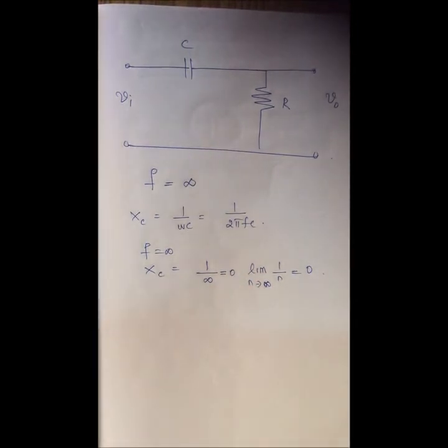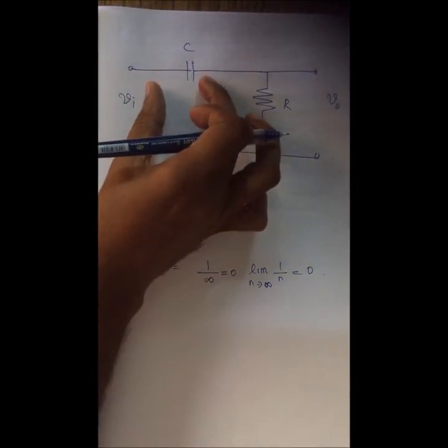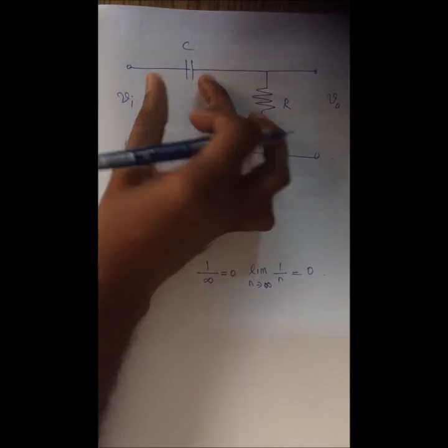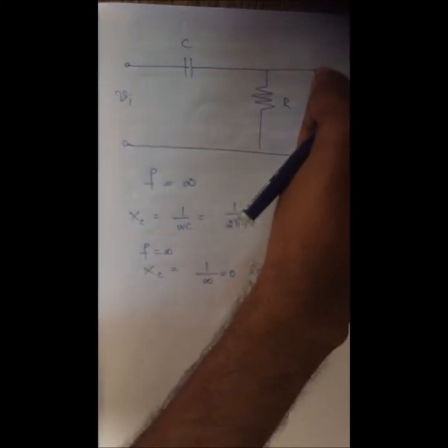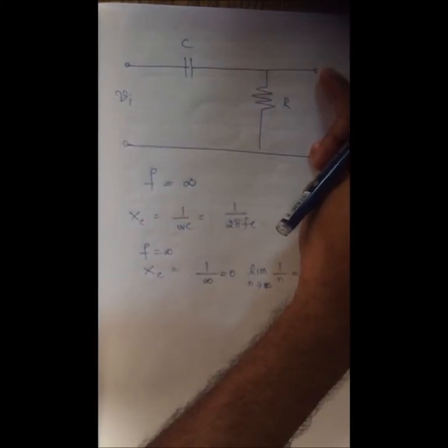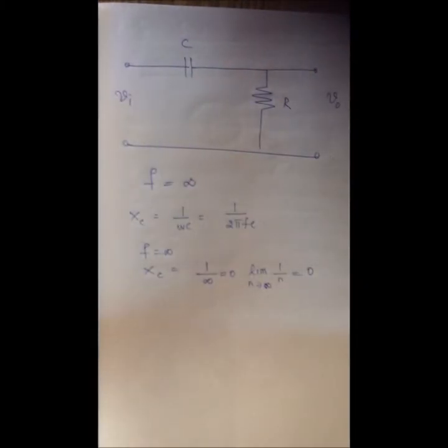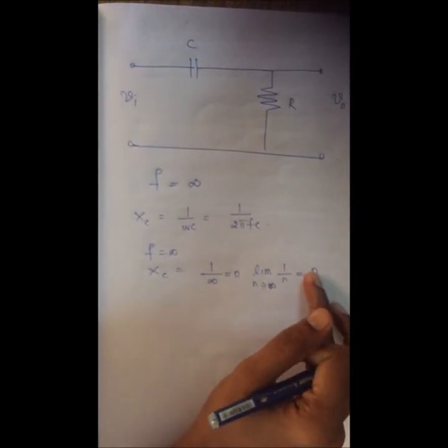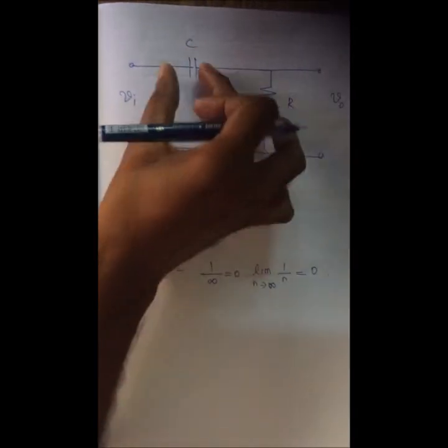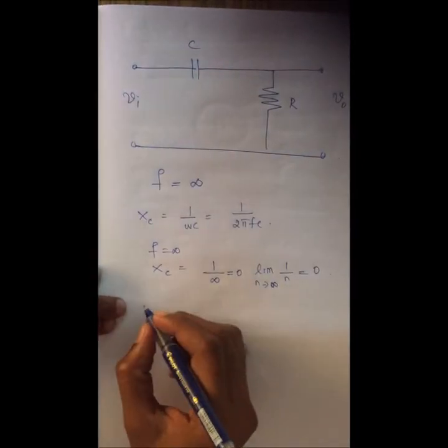So 1 by infinity can be approximated to 0, which means there is no opposition offered by the capacitor. There is no blocking at all. Whatever you are going to give will be exactly received at the output end. So how can I draw the equivalent circuit? Since the opposition offered is 0, I am going to replace this capacitor with a short circuit.